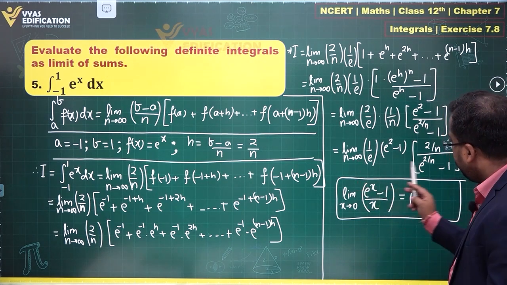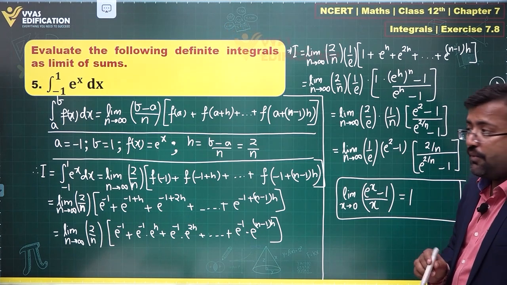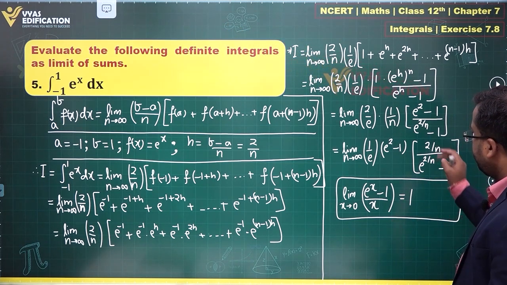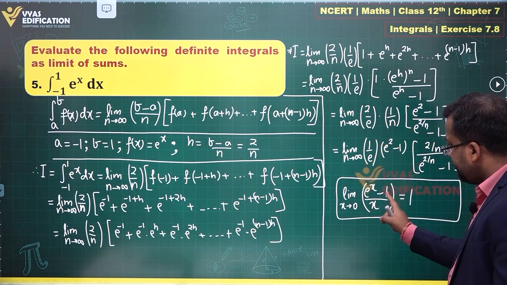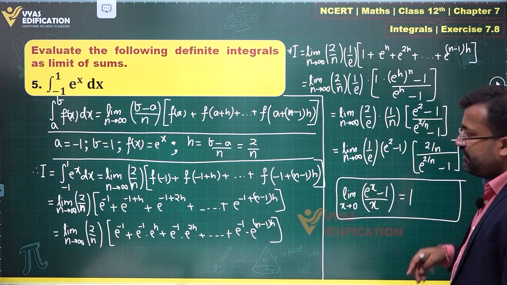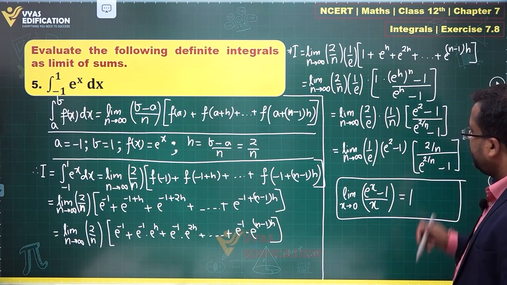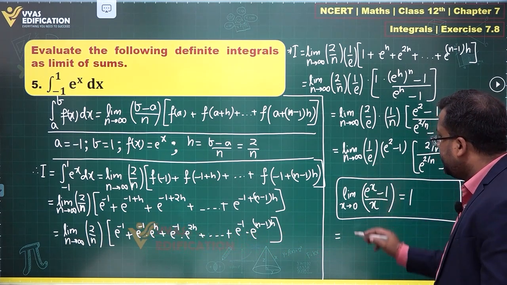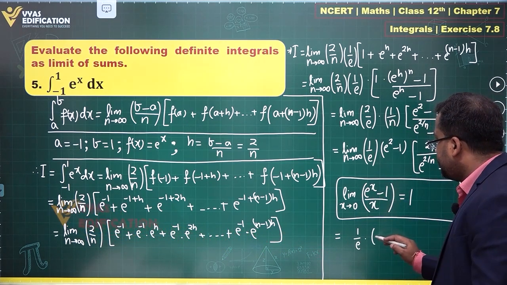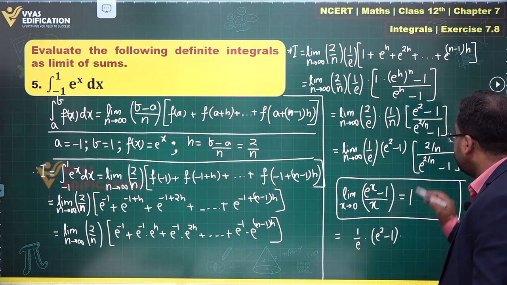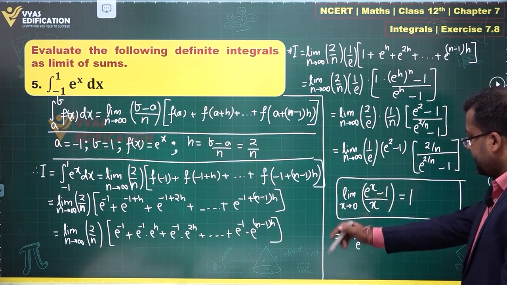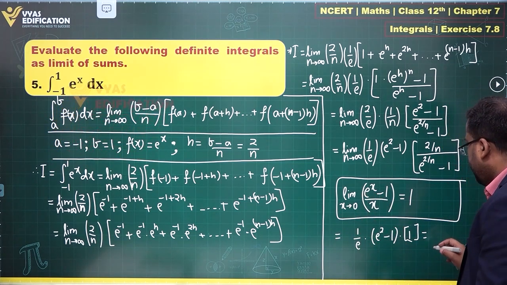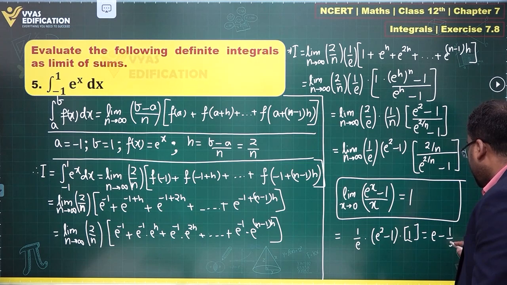So if n tends to infinity, 2 by n tends to 0, and we have (e power tending to 0 minus 1) upon tending to 0. Oh, this is the reciprocal of this. Yes, it doesn't make a difference. We take the reciprocal, and that limit will be 1. This will be 1 by e times (e square minus 1) times 1. The limiting value will be 1 here. And this is e square upon e, which is e, minus 1 upon e.